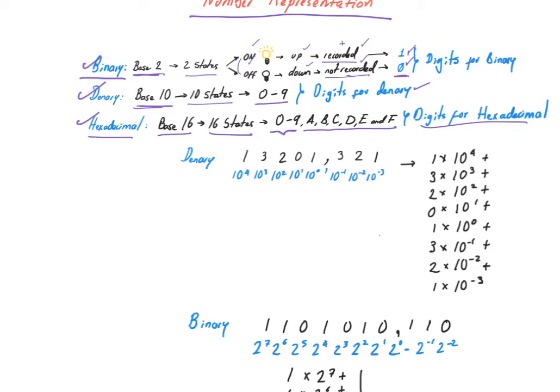Denary, using base 10, is a system in which all the digits and the positions of those digits in a number represent different values.